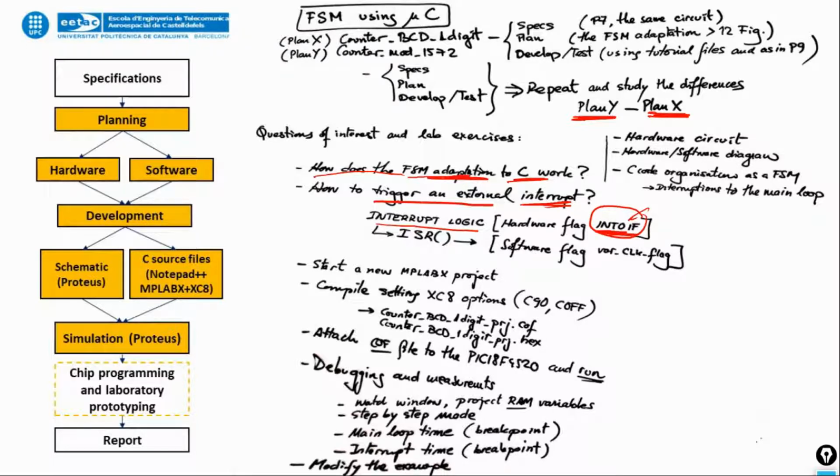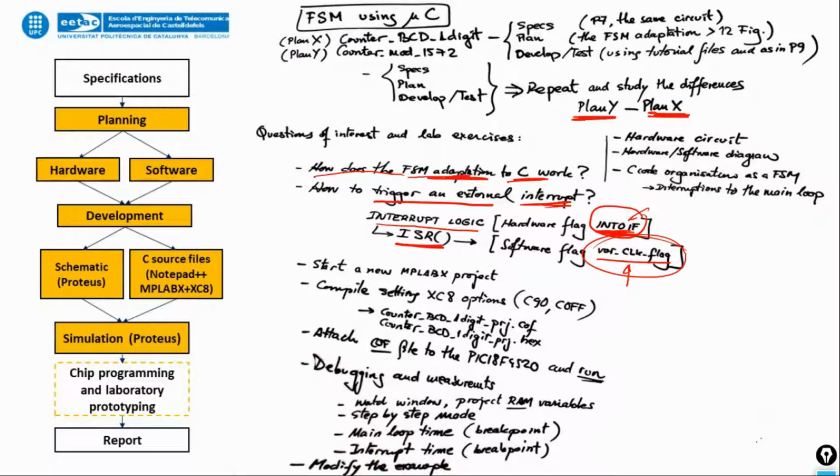How this happens? What kind of circuit is there to do that kind of setting this flag, so that you can jump to the interrupt service routine, and there is where you are setting your software flag that is to be used in the state diagram resolution.